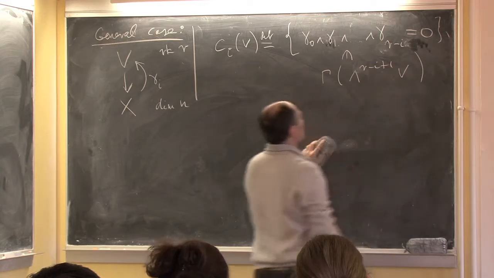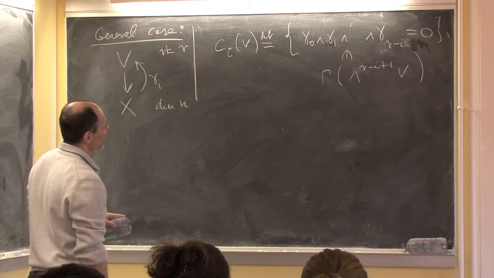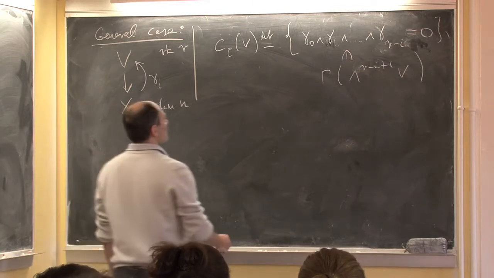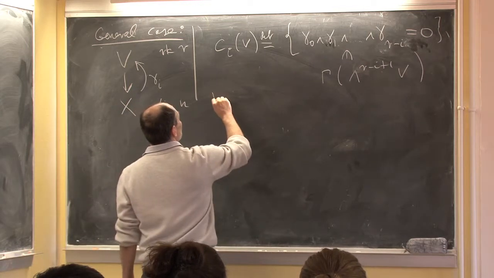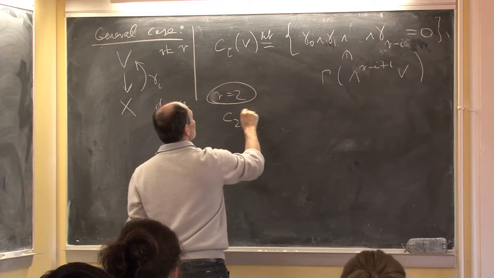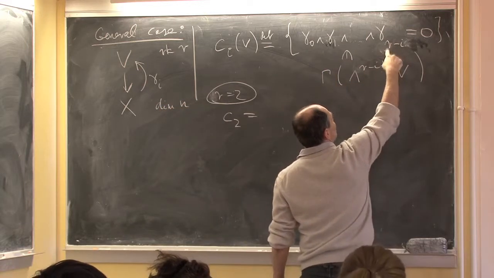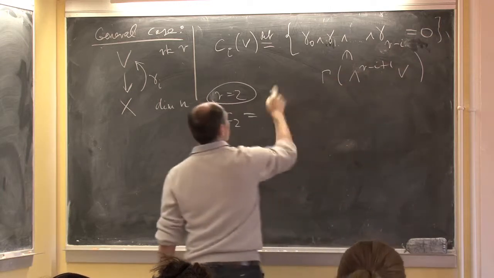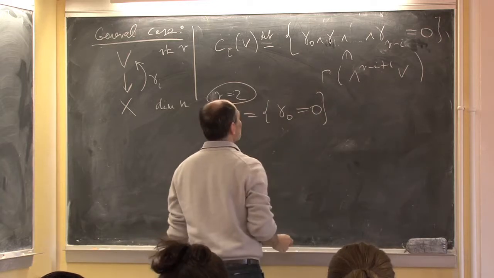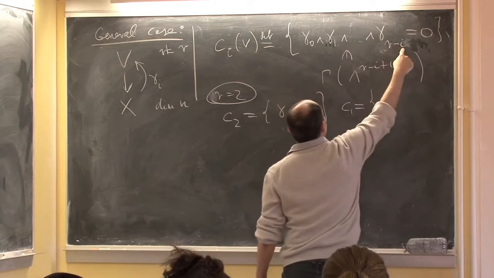Let's see if this works. So Ci of V, this looks more promising. So if V is rank 2, for example, then C2 is equal to, now it goes from 0 to 2 minus 2, so this is just the gamma 0. And then C1, so then I is 1, so then you have that.